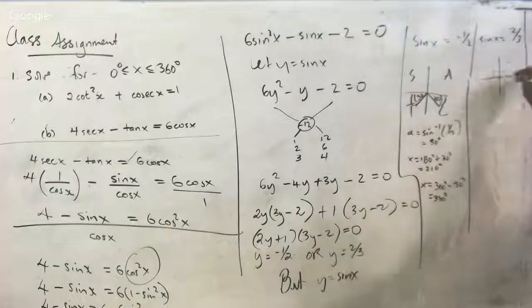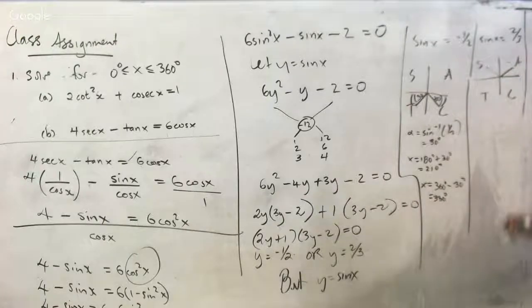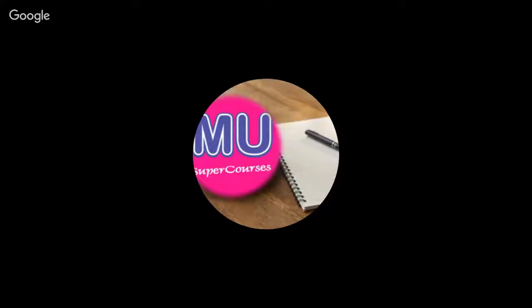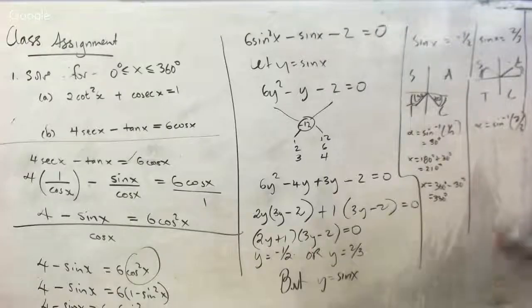Where is sine positive this time, though? In the first and second quadrants. What am I interested in? Then what's my alpha? Sine inverse of 2/3. When my calculator is in degree mode, what does that give me? 41.8.